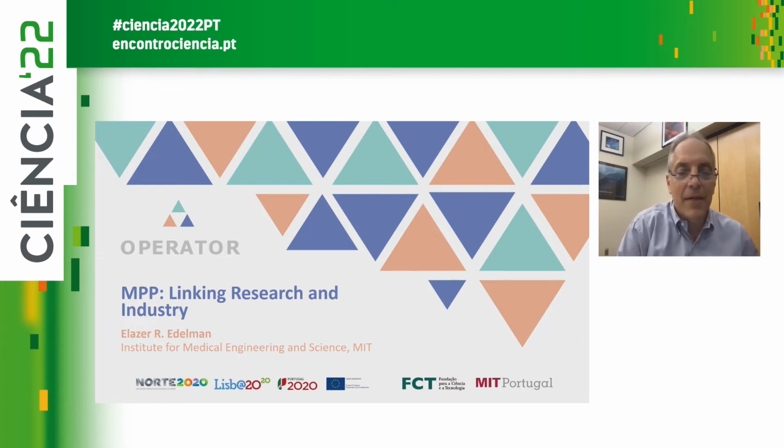Thank you. I'm Elazar Edelman. And though I'm speaking, I represent a huge community of scholars from industry and academia, from the FCT Nova School of Science and Technology, the University of Minho, Fraunhofer, and many units within MIT. The triangles here represent the strongest engineering units.